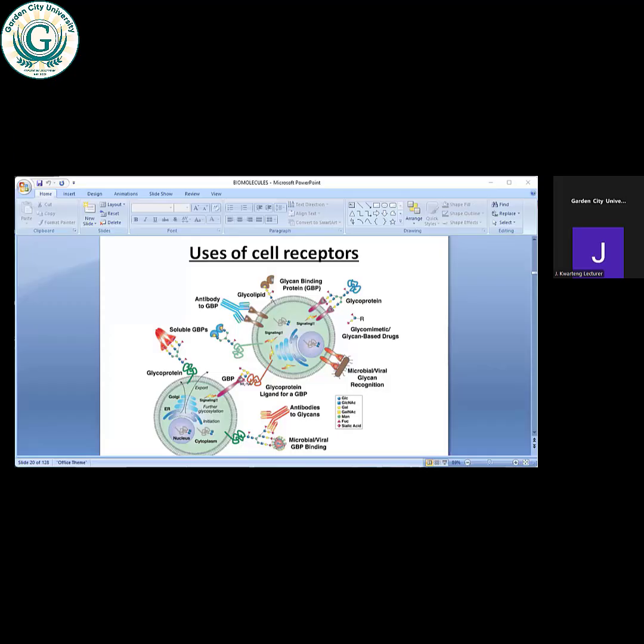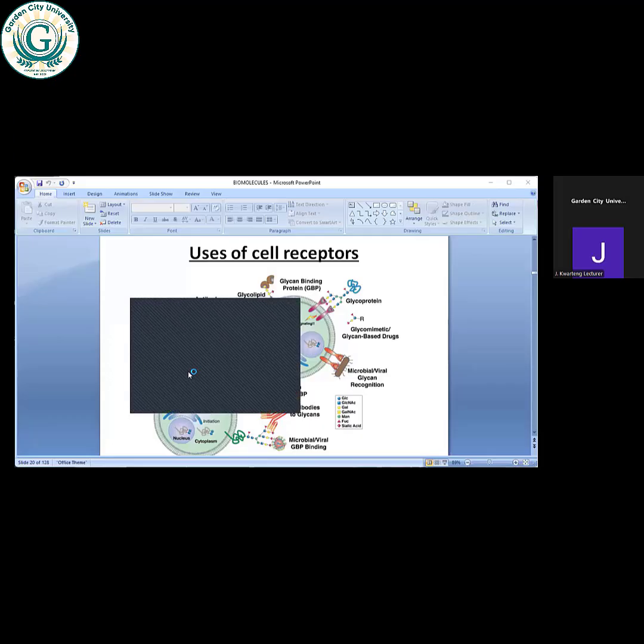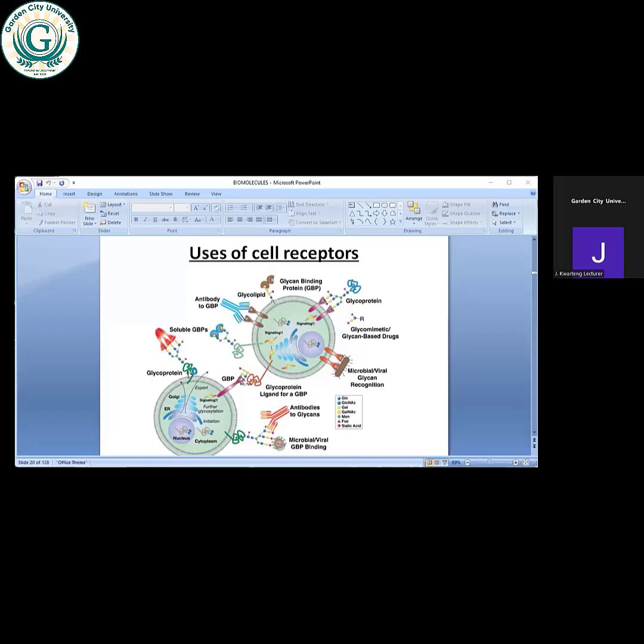A common example is diabetes. If you suspect anybody to have diabetes, you check their blood glucose level. So what it means is that circulating carbohydrates can be used to diagnose diseases.